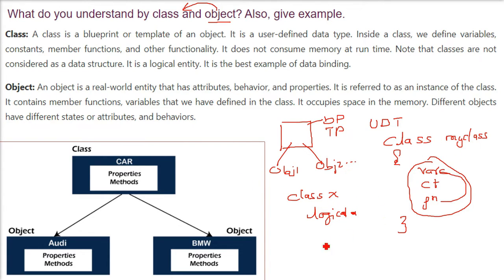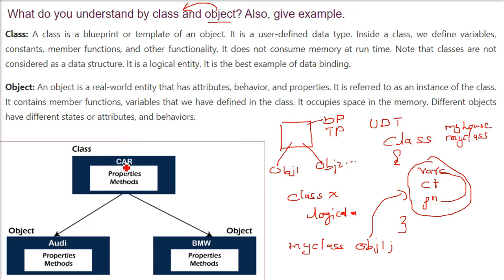Now coming to object. When I have created this class, I can now make the object. I can use the blueprint and template and create the objects. An object is a real world entity, mimicking or presenting the actual real world entity that will have attributes.